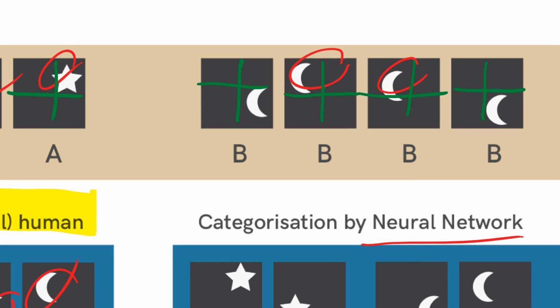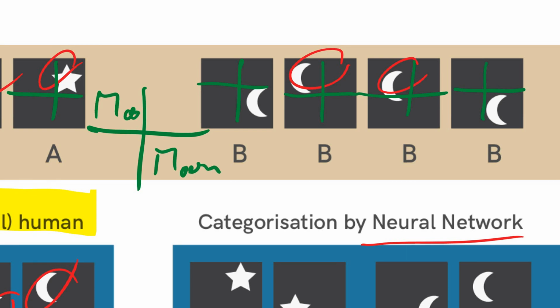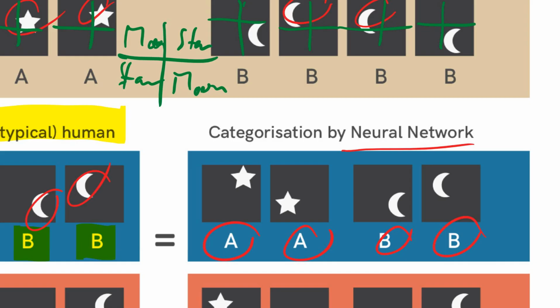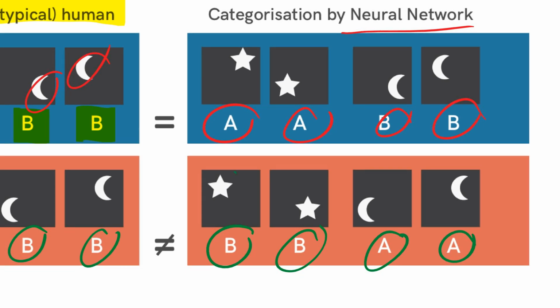So the neural network might have learned that this is moon, and this is moon, and this is star, and this is star. And then if it applies that rule to this new test set, you can see that it'll classify these as moons and these as stars, which is incorrect.